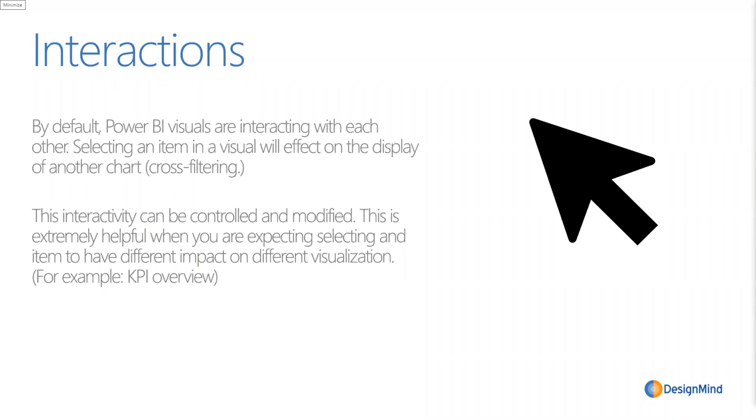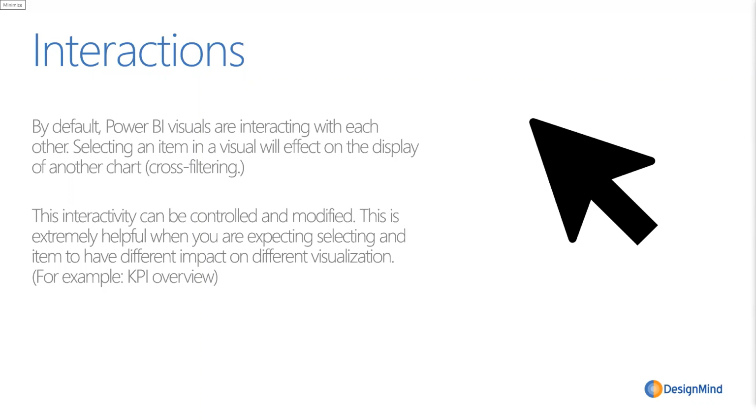highlighting, and drilling behaviors. One common scenario that I experience with this is that, let's say there are a couple of visualizations on the report, and you want one to be the overview KPI. You don't want anything to change it. Think of it as looking at a world set, and you want that one visualization to be the whole entire world.